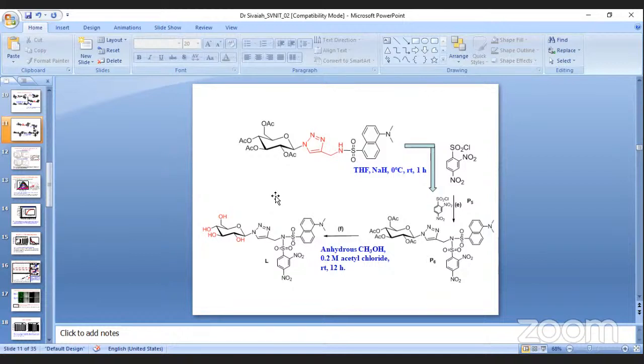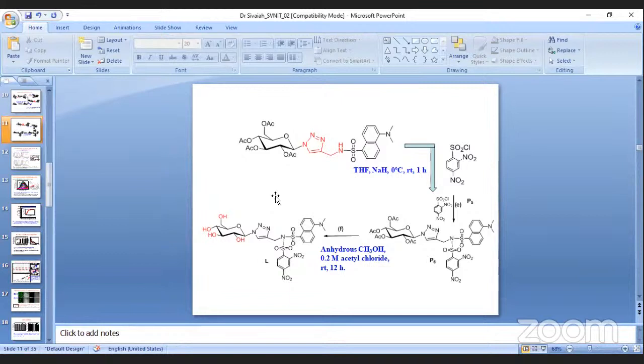This is a very tricky reaction, because if you use some base, if you go into basic conditions, this 2,4-dinitrosulfonyl moiety will again deprotect, that means this moiety will be released. That is why I faced a number of problems in this step, but finally I optimized this condition: anhydrous methanol and 0.2 molar acetyl chloride at room temperature.